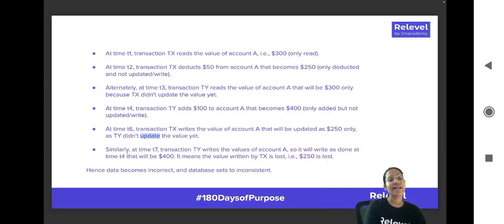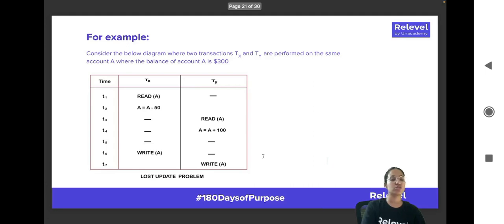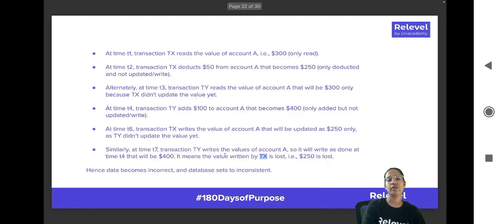Similarly at T7, TY will also update the value in the database, and will write $400 in the database, correct? And that means TX's value got lost. 250 got lost here because after that TY overrode the value of TX, and added 400. Hence, the data becomes incorrect and the data set becomes inconsistent.